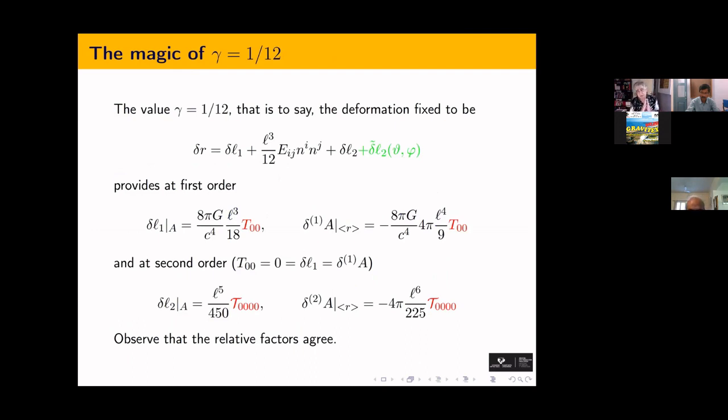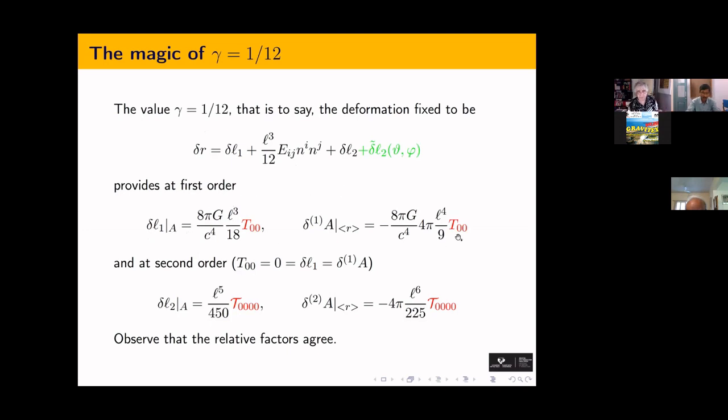So setting gamma equal to 1/12 is just saying that the deformation I use is the first order deformation, which will be 0 in vacuum, plus a first order deformation which is aligned with the electric part with 1/12 here. And then there is the second order perturbation, which is here. And the part which is not spin 0 at second order will not contribute now. Now, the computation at first order gave us these two formulas.